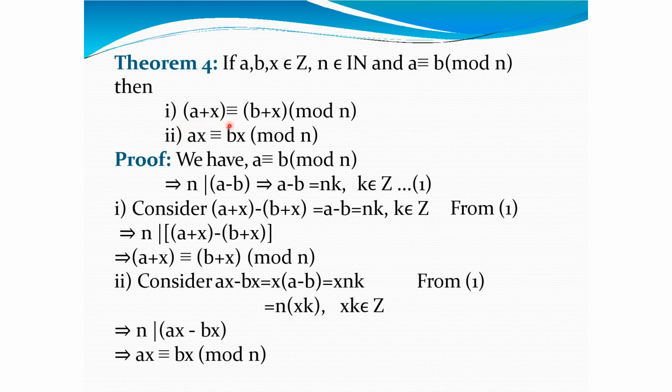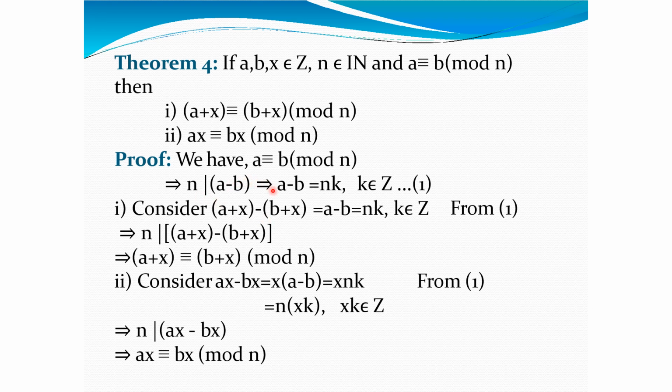Now, the first result is a plus x congruent to b plus x modulo n. By definition of congruence, we have to show that n divides (a plus x) minus (b plus x). So we start with a plus x minus b plus x. As there is a negative sign outside the bracket, by changing the sign of every term we get a plus x minus b minus x. Cancelling x, it is just a minus b.